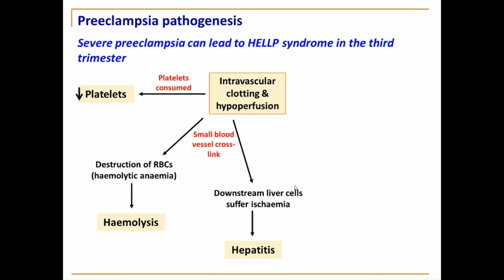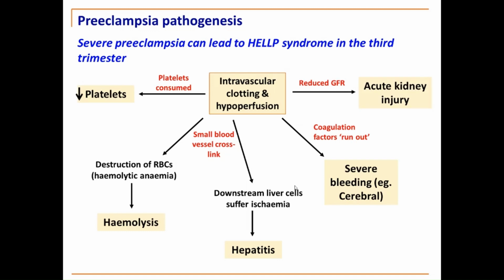And that's your elevated liver enzymes, the E and the L. And we've done the hemolysis with the H. And of course, the coagulation factors may also start to run out, which can lead to severe bleeding in some cases, for example, cerebral bleeding. And of course, because of a reduction in GFR, it can lead to acute kidney injury. So as you can imagine, the HELLP syndrome can lead to significant maternal mortality.